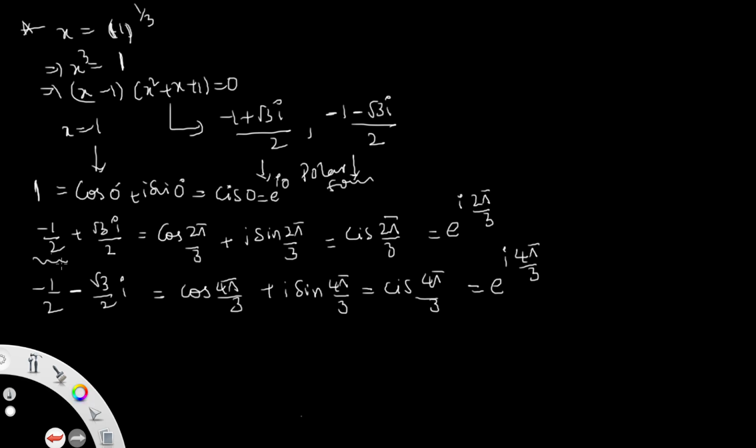Now draw the picture of the cube roots of unity. So on the next page I am taking these numbers to the complex plane, or Argand plane. So this is the y-axis.